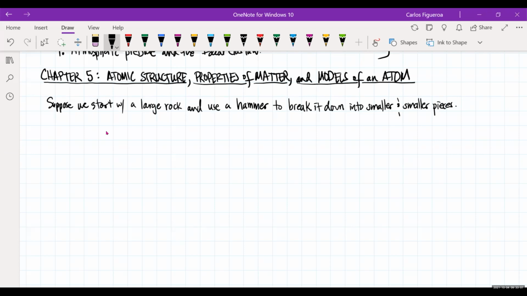If you think about this process, I start off with the rock that's large, and then I hit it, and as I hit it, I create smaller rocks.